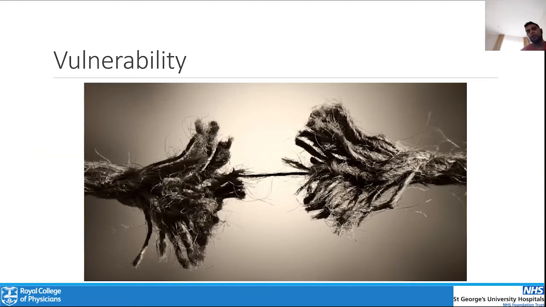And so you can imagine that with these increased stresses that are put onto a patient, if they're particularly frail, then eventually the strength of the rope, as you can see in the picture, will start to break, and it means that a patient can become more and more susceptible to illnesses that are slowly wearing away at their total physiological state and functional state, which is then often realized in an admission to hospital where they've reached a breaking point.